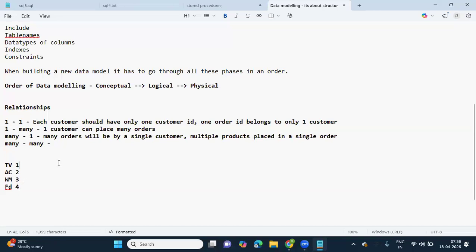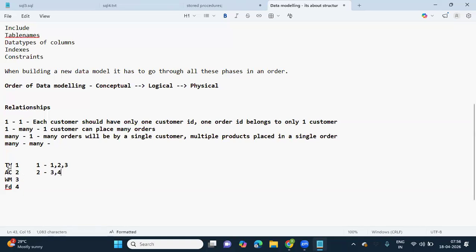Okay. So here we have orders. Order 1 containing the products like 1, 2, 3. Okay. So order 2 containing the products 3 and 4.